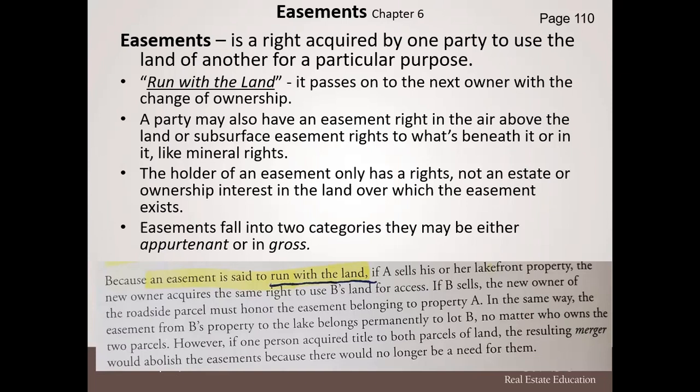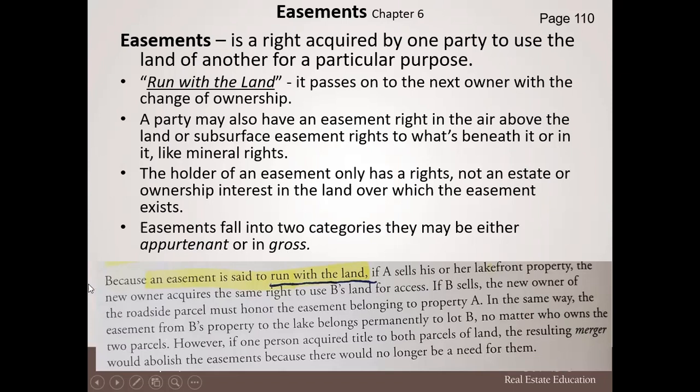They inherited it with the change of ownership. A party could also have an easement right in the airspace above the land, or a subsurface easement right to what's beneath it or in it, like a mineral right. The holder of an easement only has rights, not an estate or ownership interest in the land over which the easement exists, giving them the right to cross over it or use it.